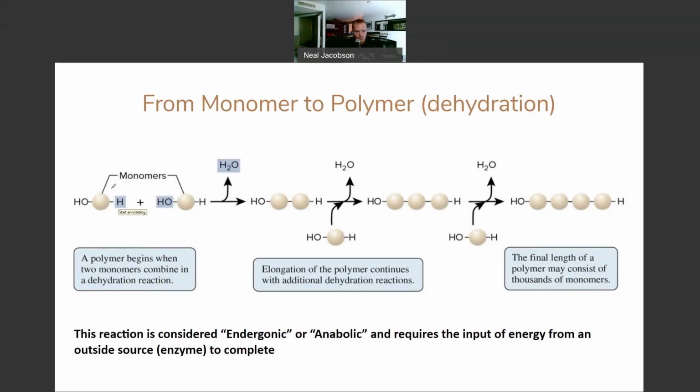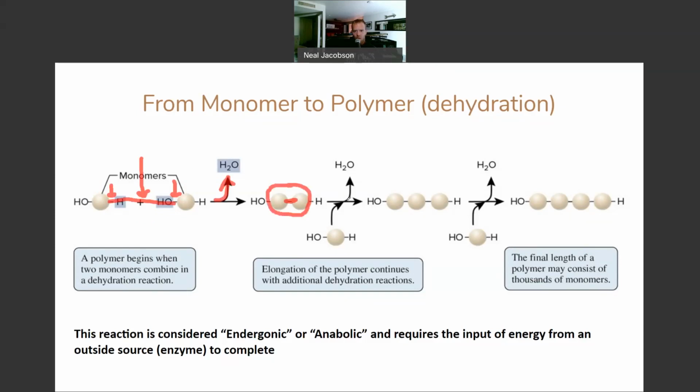And what ends up happening is you can see, right here, this bond that's bonded to hydrogen, and right here, this bond that's bonded to the hydroxyl, those are actually going to form a bond to each other. So when the water molecule gets removed, that bond right there was this bond right here. So this molecule of glucose and that molecule of glucose bind together, and now you've got a polymer.